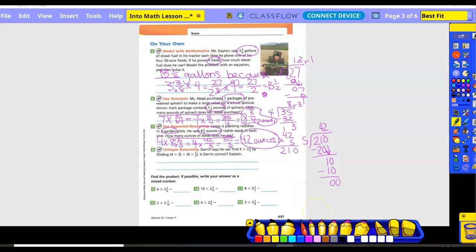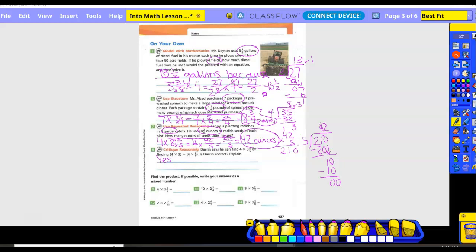Number 8, critique reasoning. Darren says he can find 4 times 3 and 2/5 by finding 4 times 3 plus 4 times 2/5. Is Darren correct? Yes or no? Yes. Okay, he basically just broke it apart into sections, right?